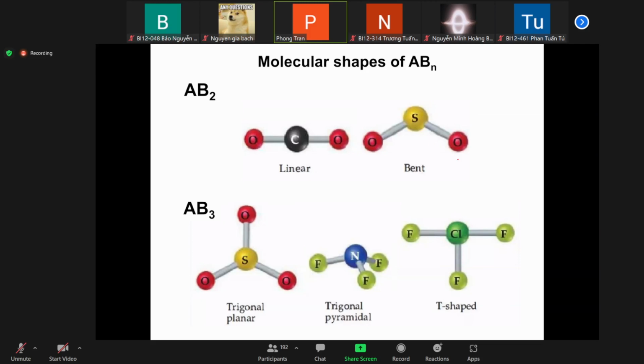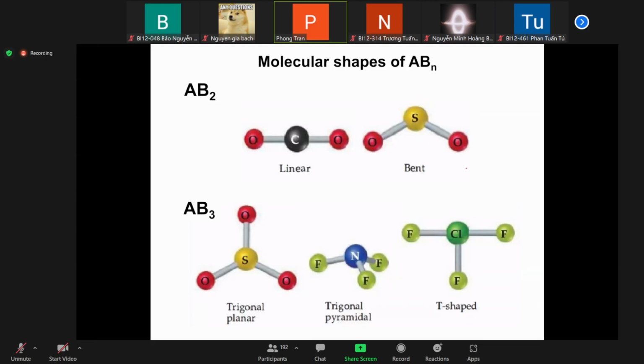You will have another arrangement: you can imagine that here the 3 fluorine atoms are on the same plane, but the nitrogen is above this plane. So you have trigonal pyramidal, that means it makes a kind of pyramid. And you can also have T shape. Very easy to imagine here.